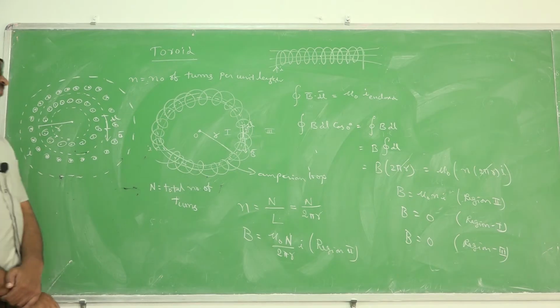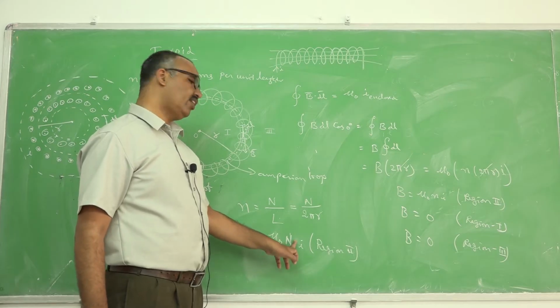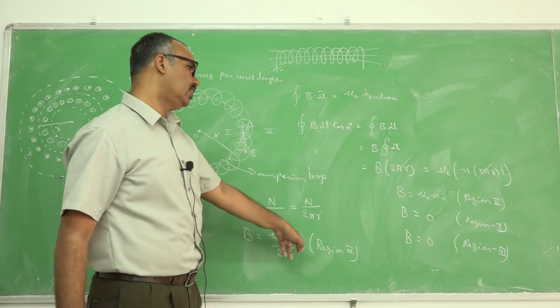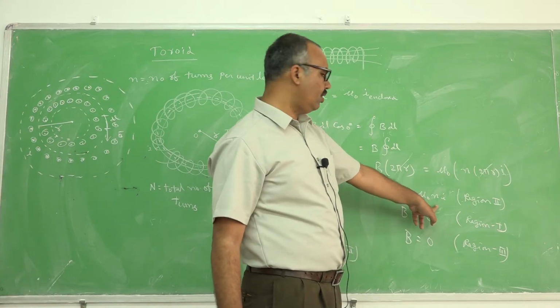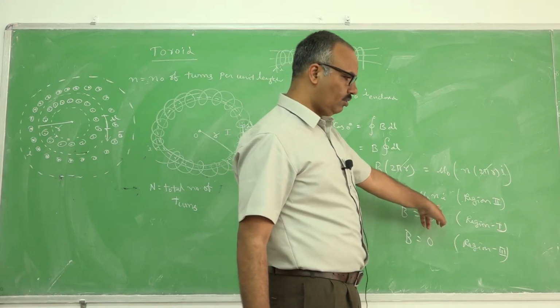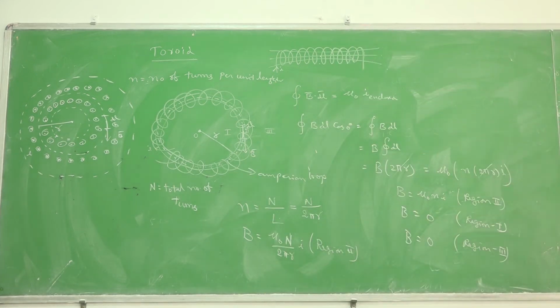So in this way, it is inversely proportional to the radius if you are provided with the total number of turns, and independent of radius if you are provided with the number of turns per unit length. So we can use Ampere's circuital law in this way to find the strength of the magnetic field at different regions. Now let us move to the next concept.